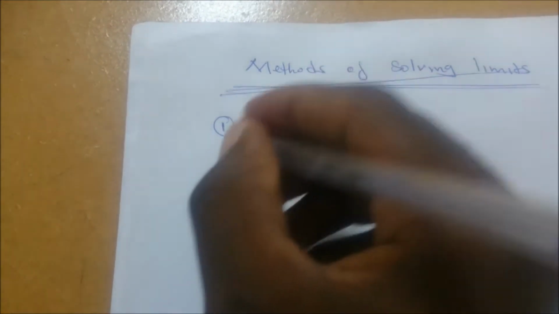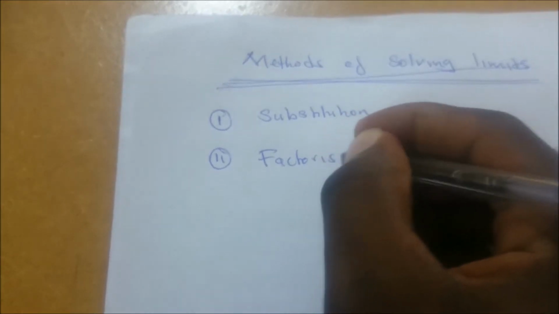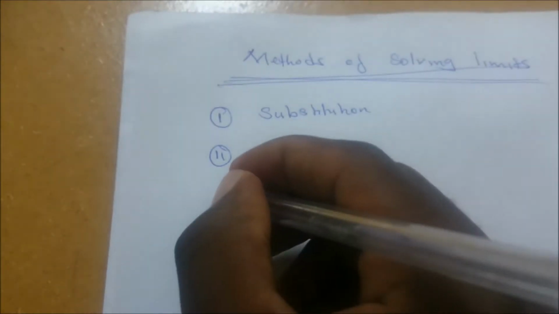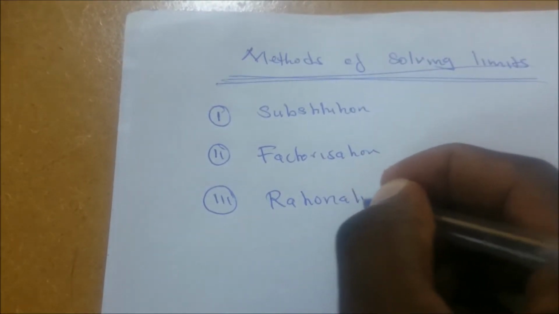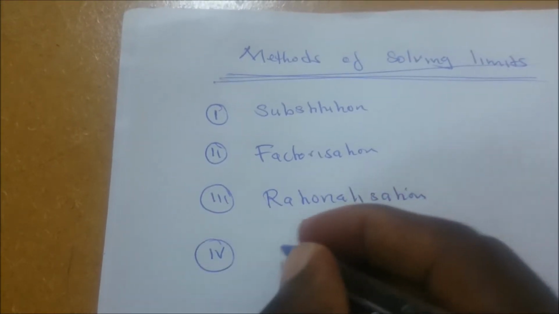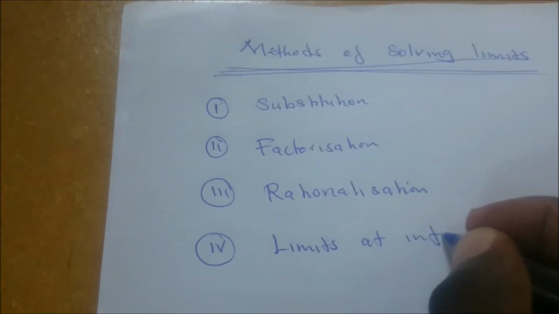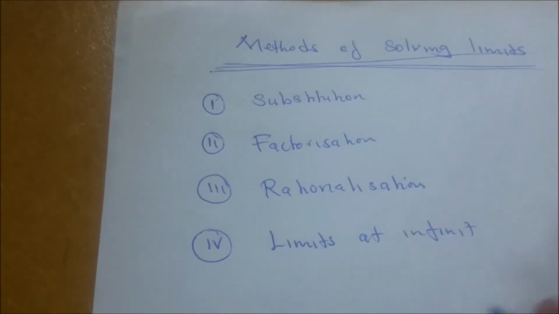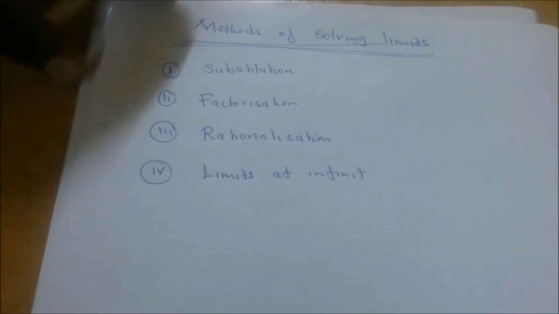The second one, we have the factorization method. Then the third one, we have rationalization. Then the fourth one, we have limits at infinity. So these are some of the methods that we use when solving limits. But there are others. But for now, let's look at these.